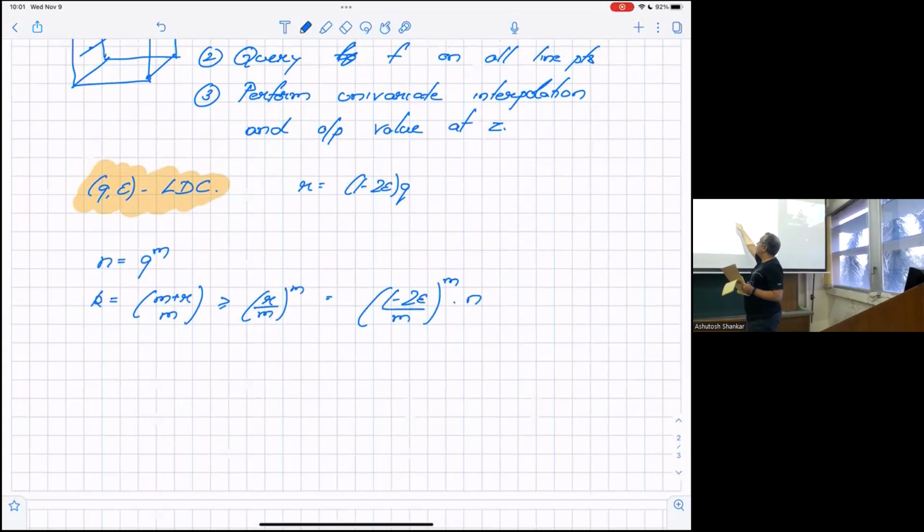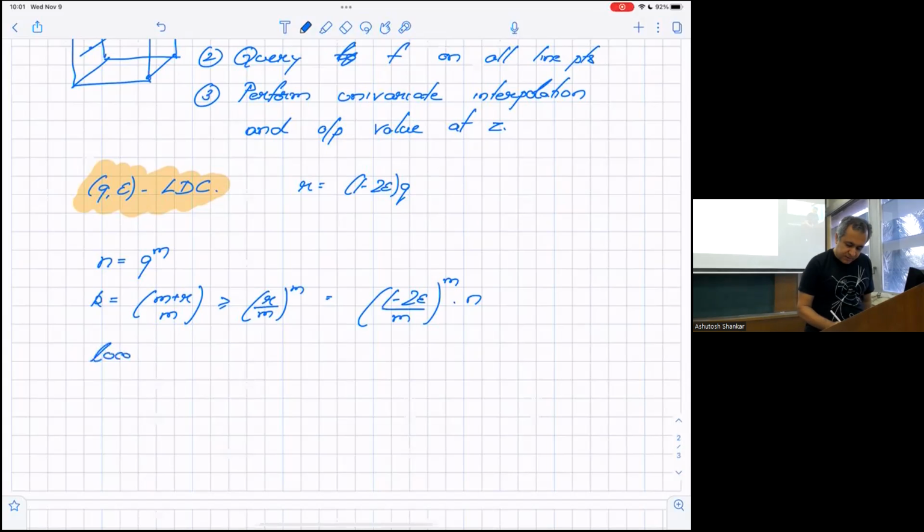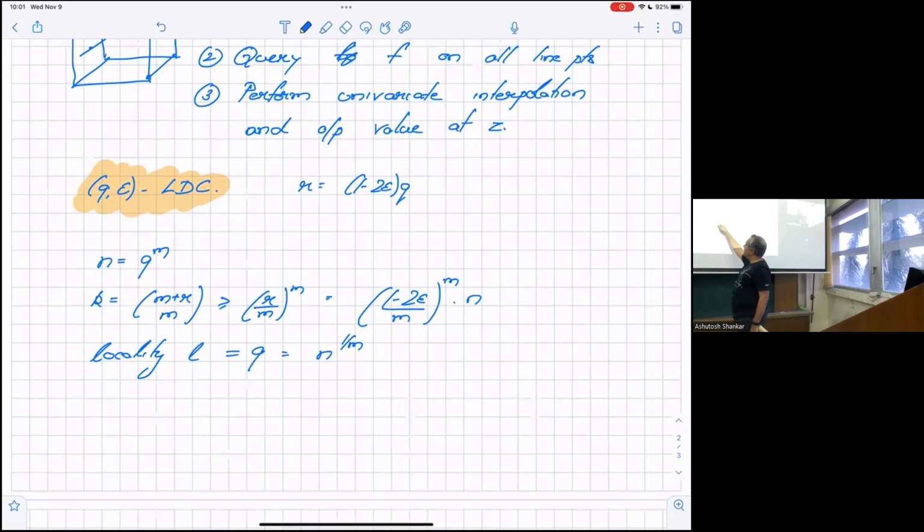Depending on how I choose epsilon, this can be a nice number, a bad number, or whatever. And the locality L is by definition q, which is exactly n to the power 1 over m. So the larger you choose m to be, the lower the locality.